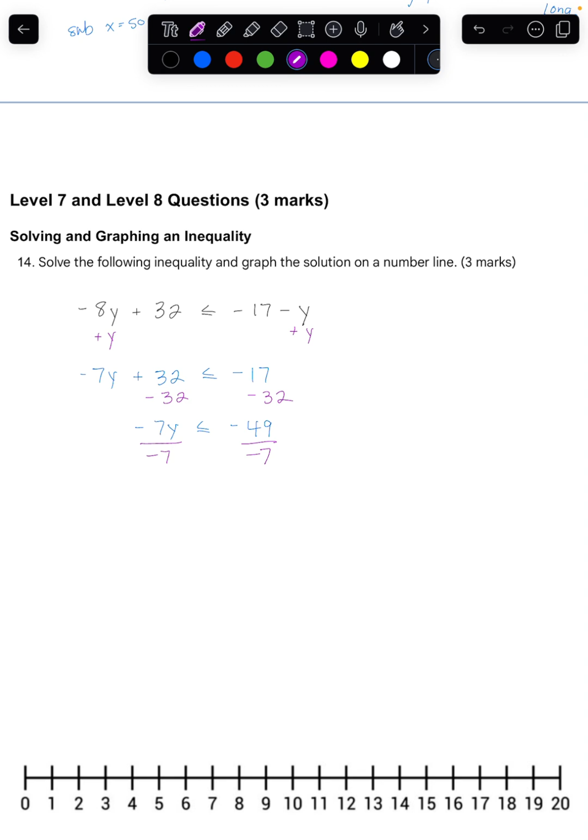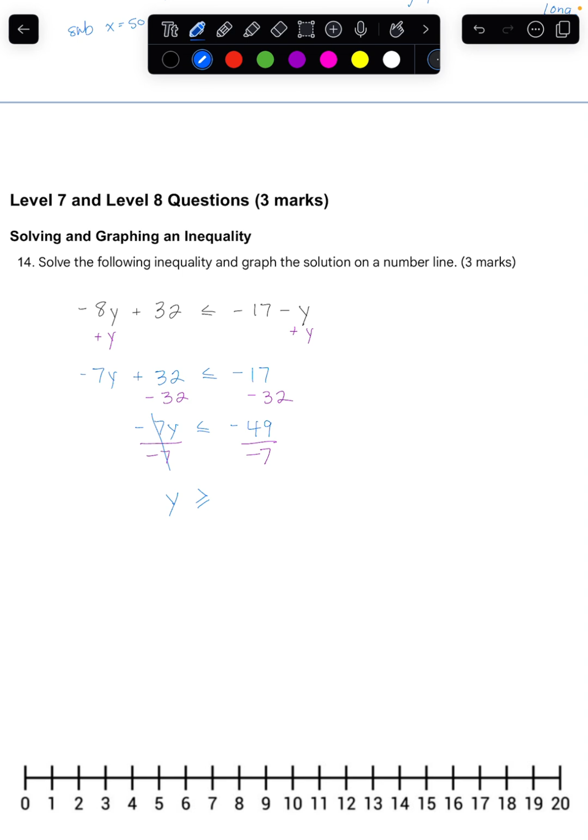If we remember from our lesson on inequalities, whenever we multiply both sides by a negative number or divide both sides by a negative number, we need to switch the inequality sign, which just means turn it around. So in this case, negative 7 divided by negative 7, they just cancel each other out. We're left with y on one side. But we have to switch the sign now because we divided by a negative.